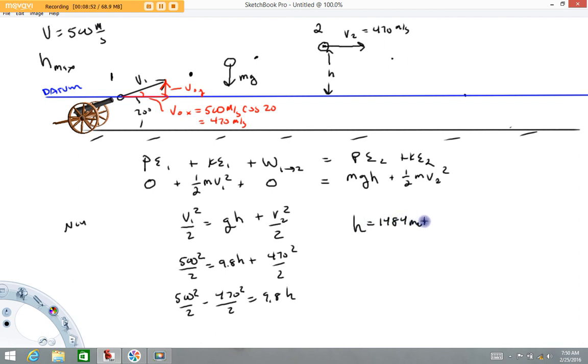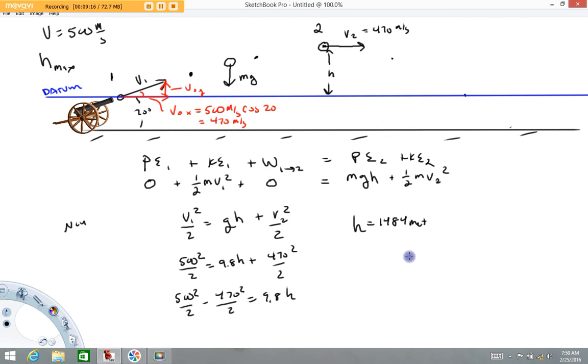So this thing's going to end up pretty high. Now, we ignored air drag, and that's perfectly fine. Just recognize that this is basically an estimate, just to give us an idea. Air drag probably is a reasonably significant force here, but the purpose of this problem wasn't how to take every detail into account. The purpose of this example was just to demonstrate how we apply the work energy theorem.